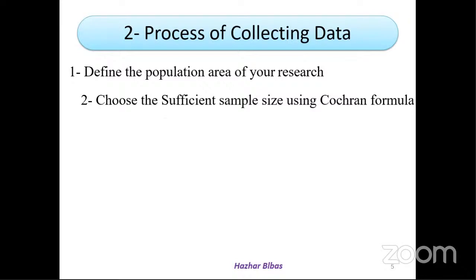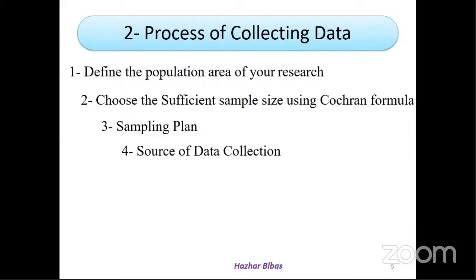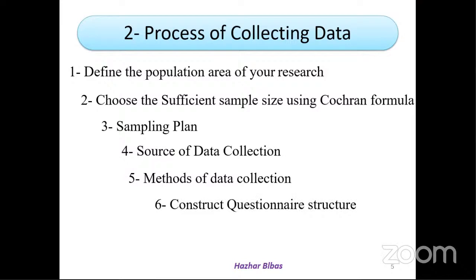Once you have the population, you have to choose the sufficient sample size, especially you can use the Cochran formula. And then which sampling you're going to use, which source of data collection you need, which method is the best for your data collection. If you need a questionnaire structure, you have to create the questionnaire, then distribute it and then collect the data. We're going to discuss this part later.